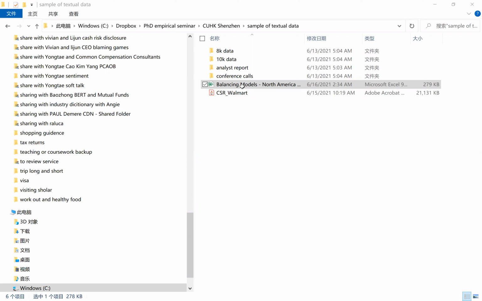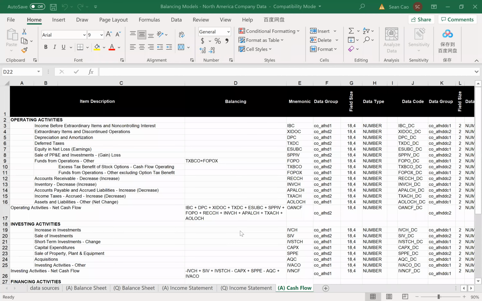Okay. Can you see now? Yes. Excellent. Can you see the name of each sheet? There's balance sheet annual, balance sheet quarterly, annual income statement, income statement quarterly, and cash flow.